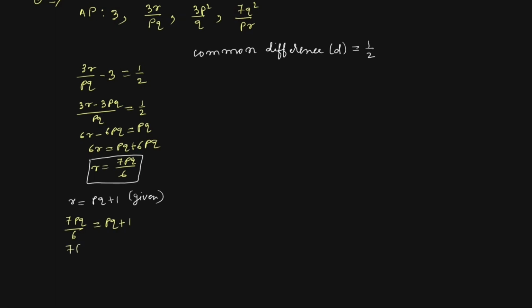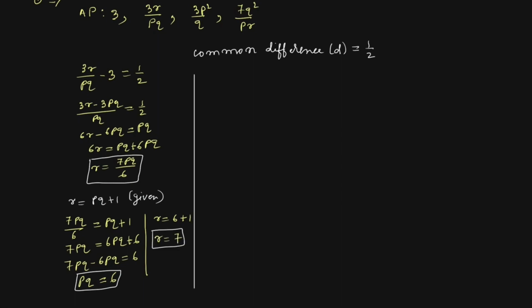So 7pq equal to 6pq plus 6. So 7pq minus 6pq equal to 6. So pq, which is equal to 6. Therefore, the value of r we will get, r equal to pq plus 1, which is equal to 7.